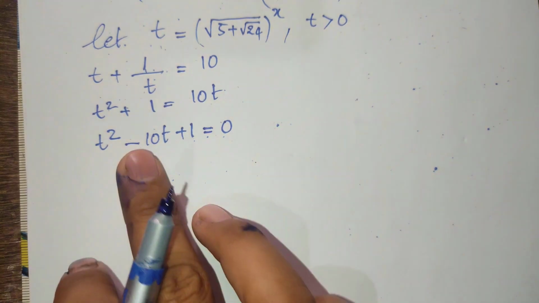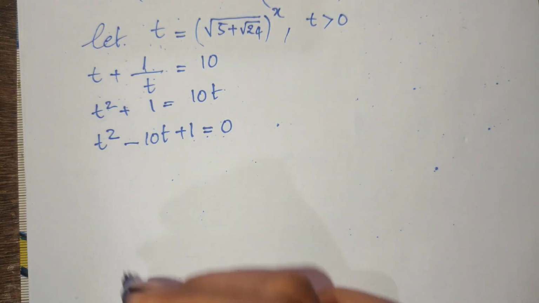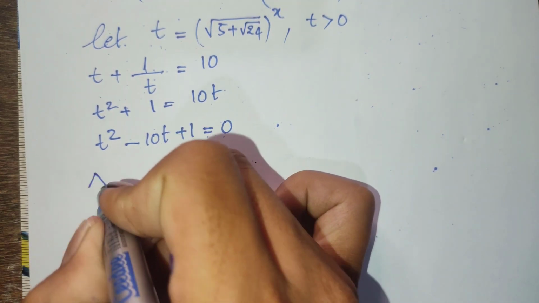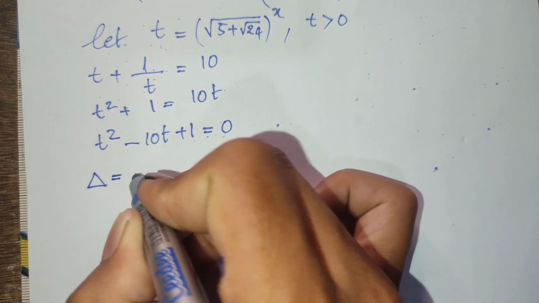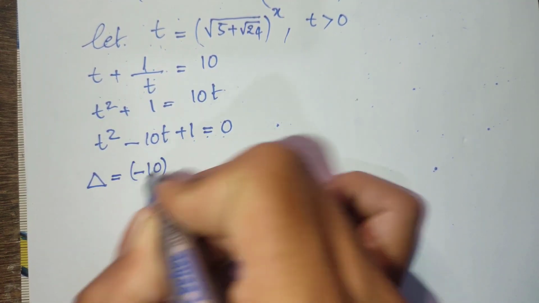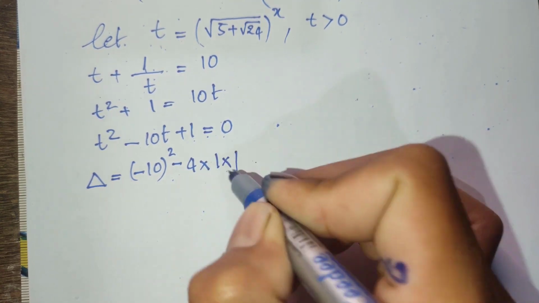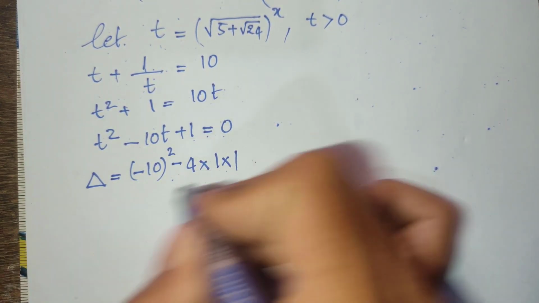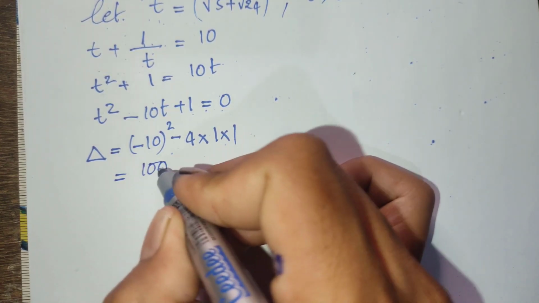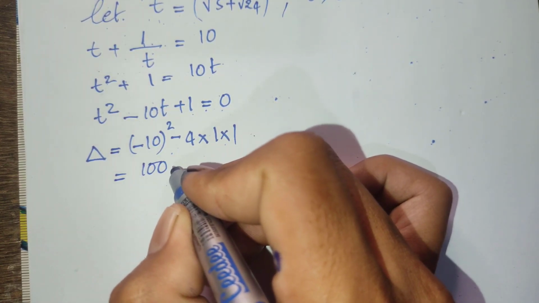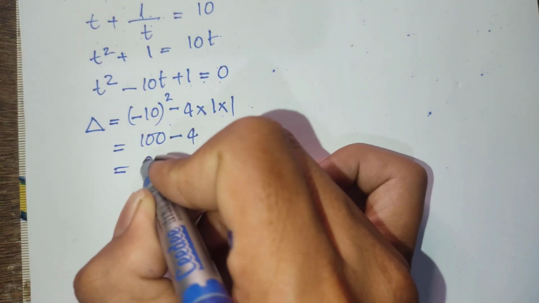Now I use the discriminant. The discriminant is equal to minus 10 all squared minus 4 times 1 times 1, which is 100 minus 4, equal to 96.